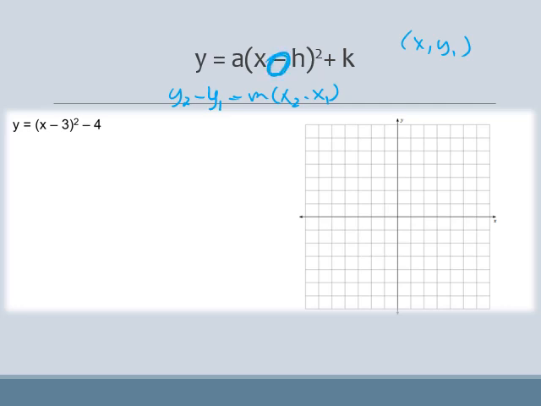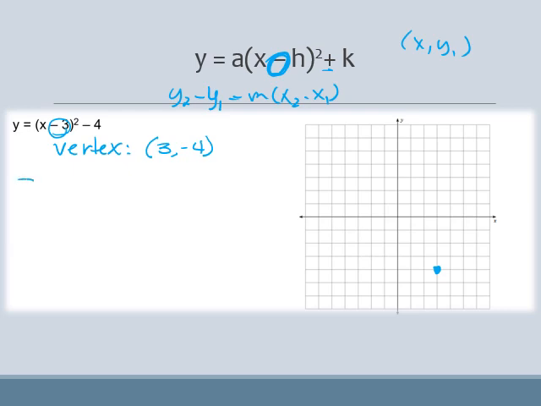It's going to be the opposite in here, but this is a positive, so that will be the same. So my vertex for this is going to be the opposite of that, so 3, negative 4. So I'm going to go over to 3 and down to negative 4.